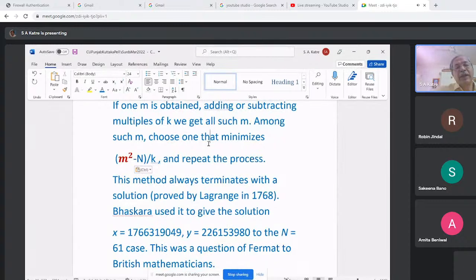Actually, it is not clear why this process terminates, but it is proved by Lagrange and also by many other people. Different people have proved that this always works. Bhaskaracharya has not given any proof that it works, but he essentially says that it works. So sometimes there are different proofs of a theorem.